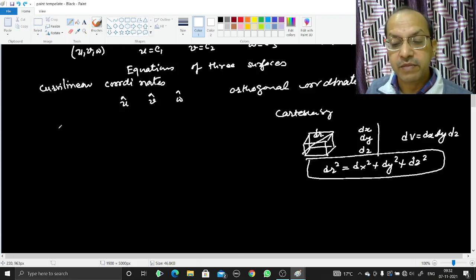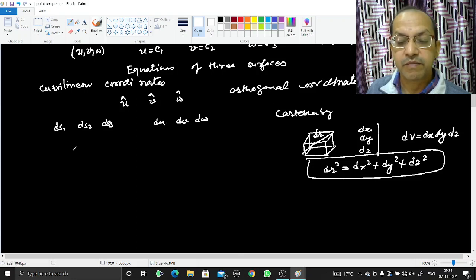Similarly, the length elements in this curvilinear coordinate system may be written as ds1, ds2, ds3 and not du, dv, dw, because here the axes are not straight lines. So ds1, ds2, ds3 are not straight lines, and du, dv, dw may be straight. So ds1, ds2, ds3 must be multiplied by some factors to get du, dv, dw.